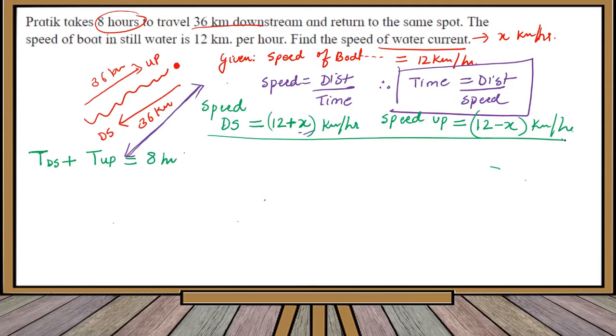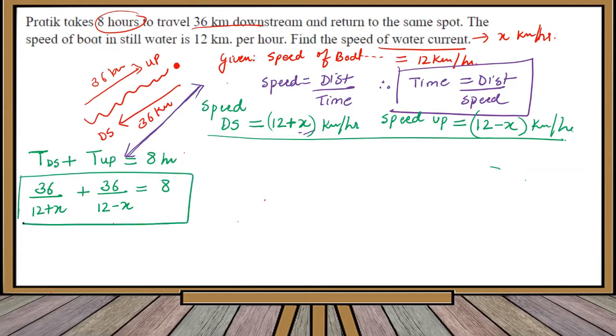Now we know time is equal to distance upon speed. The distance is 36 kilometers that he has traveled downstream. So 36 upon 12 plus x plus 36 upon 12 minus x equals 8. Yes, we have got the situation.